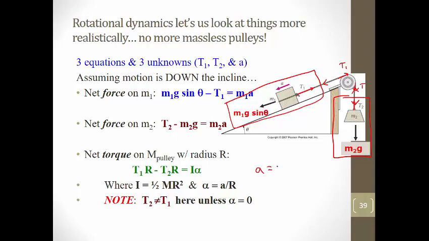Back in chapter 7, and hinted at earlier in this chapter, the acceleration of my system is related to the angular acceleration of my pulley, which is rotating without slipping. And so we have R times alpha. And in this problem, our two tensions, tension 1 and tension 2, are not equal to each other. They're different.